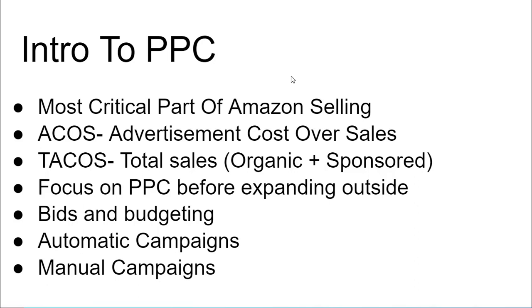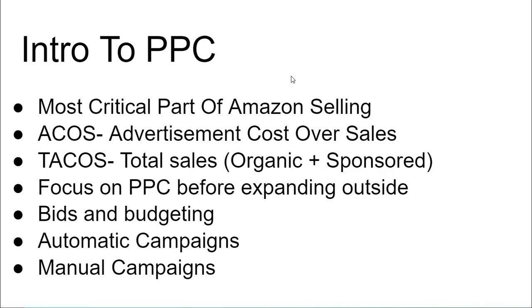In Amazon terminology, there is a term called ACOS. This is advertisement cost of sales. We have to keep our ACOS as low as we can, so we have much lower cost and a much higher number of sales. But ACOS is not the most important number, TACOS is very important to us.